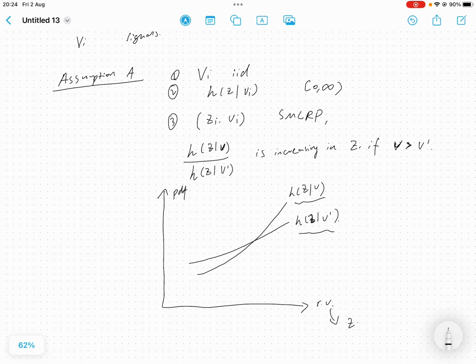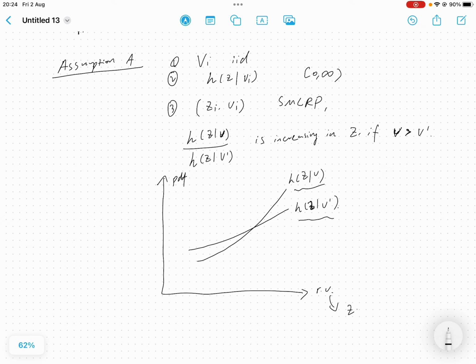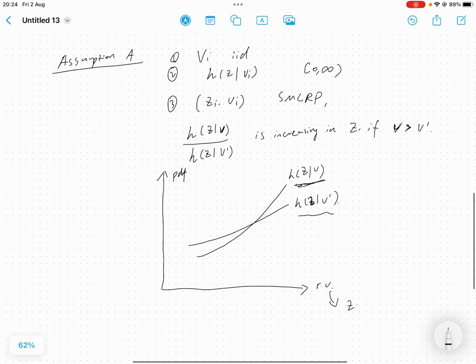From the picture, we can see that if the upper distribution has a bigger V, then their ratio is increasing in Z. That's how they use this property to make an assumption on those distributions. Good. And what else?